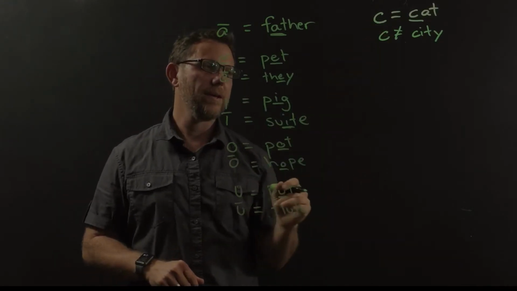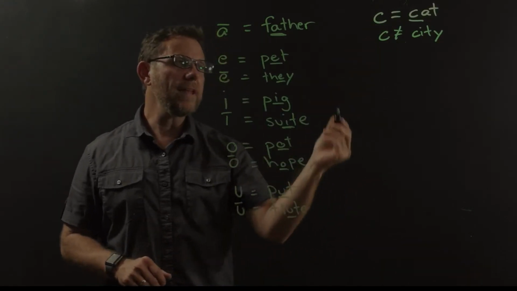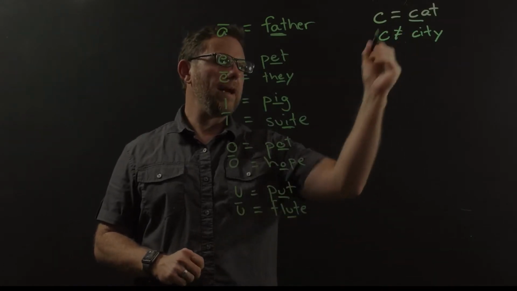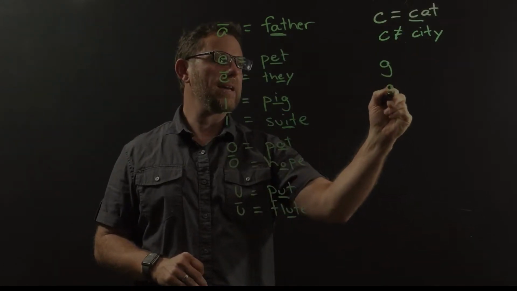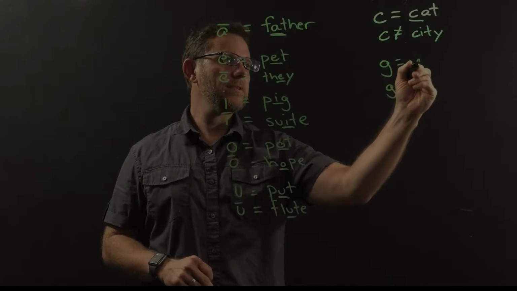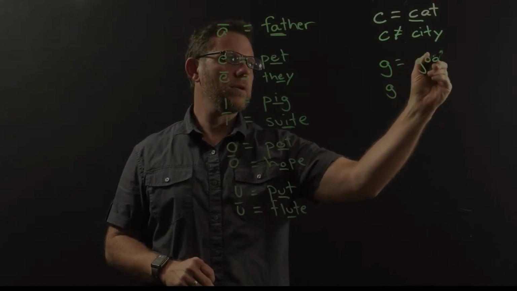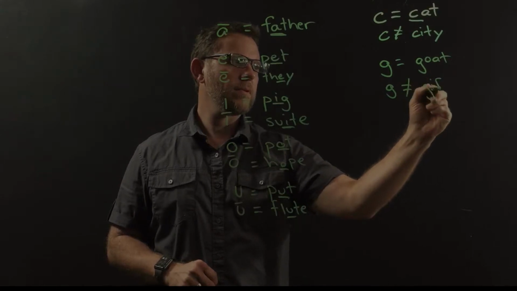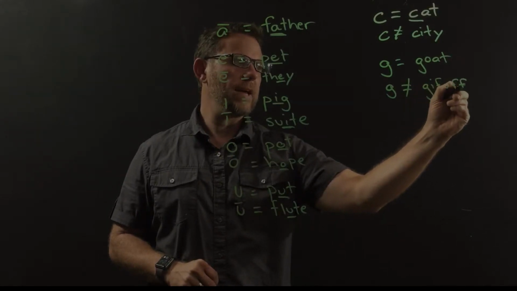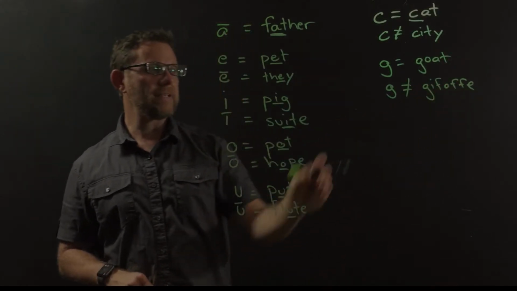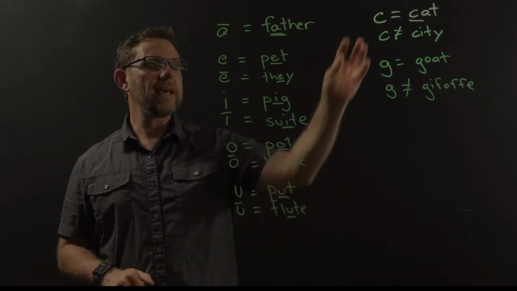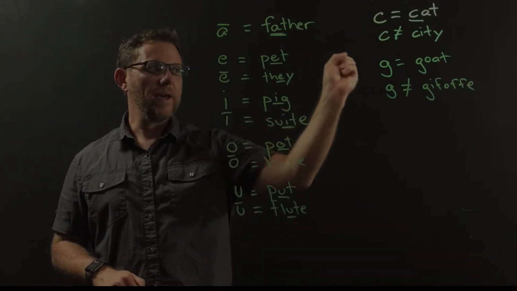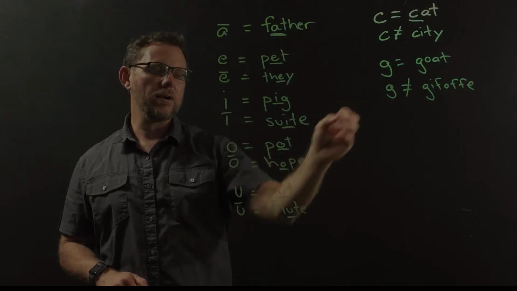It will always make a K sound. And then next we have the letter G, which works much like C. G makes the sound that we hear in the word goat, but it never makes the sound that we hear in the word, for instance, giraffe. It never makes the J sound. So we say that C is always hard and G is always hard.